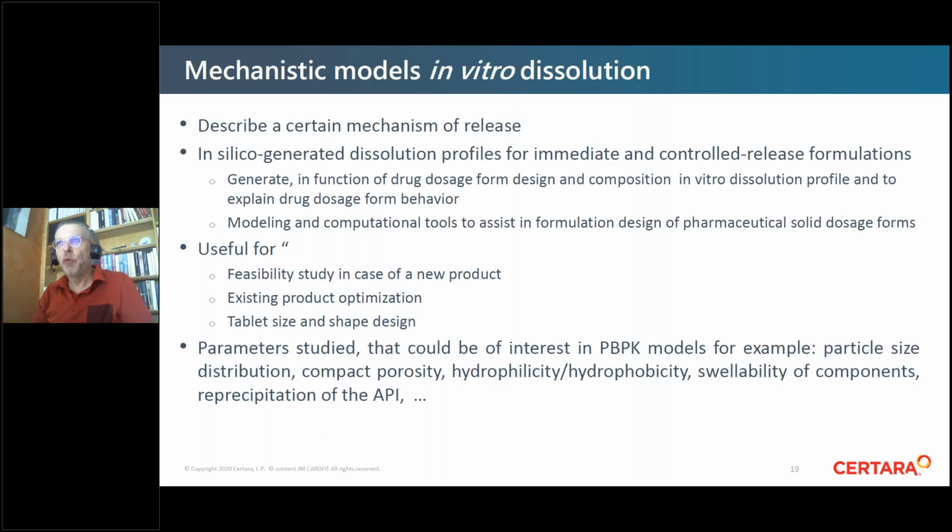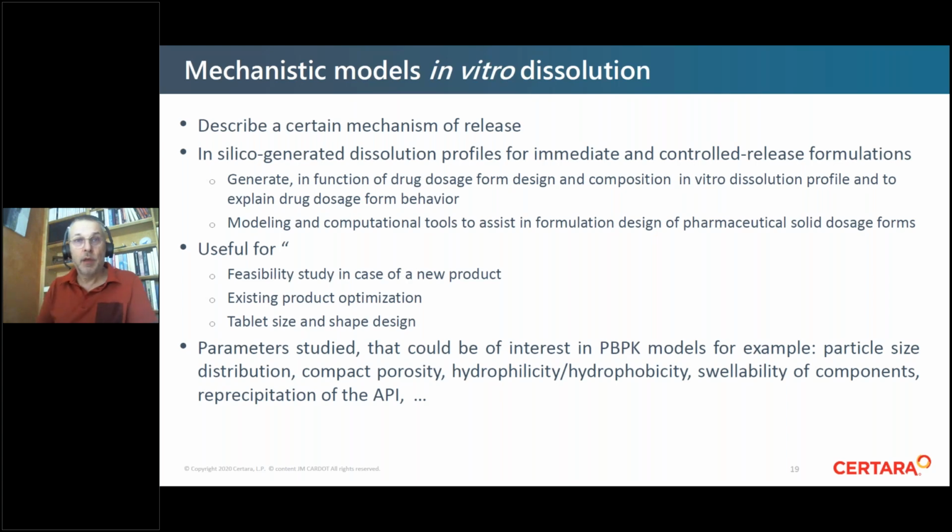The mechanistic model of in vitro dissolution tries to describe a mechanism of release. For example, if you have a Higuchi, it is going to be a diffusion through a matrix. If you have a Hixson-Crowell, it's more a dissolution of a pure API in form of spheres. So what is very important to understand is that those mechanistic models underline mechanisms of release.